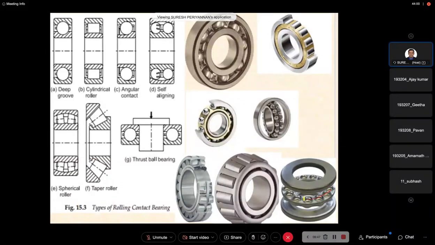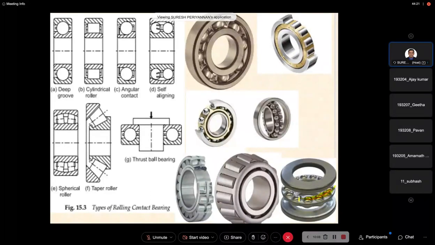Perhaps if we use double row balls, it will be better for axial thrust, axial load conditions. We can use it for more load carrying capacity, more axial load conditions. We can use this type of design using two rows of bearing.